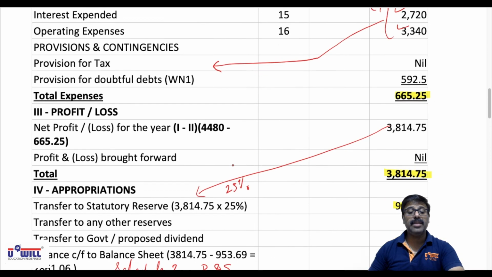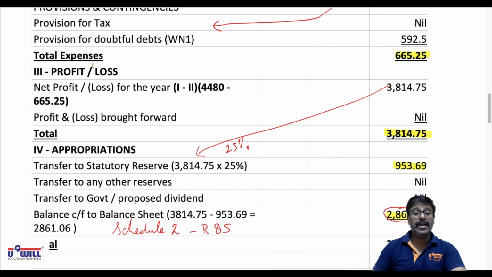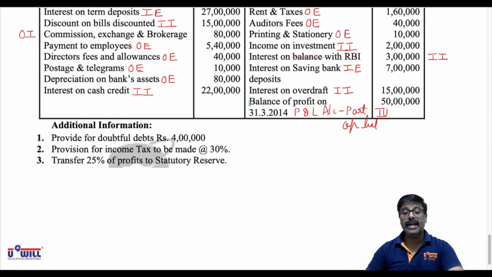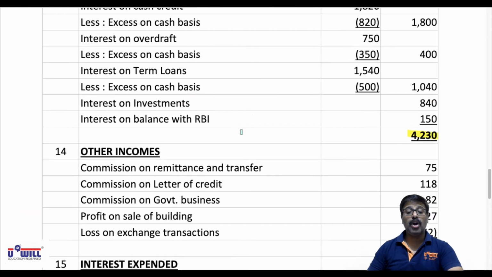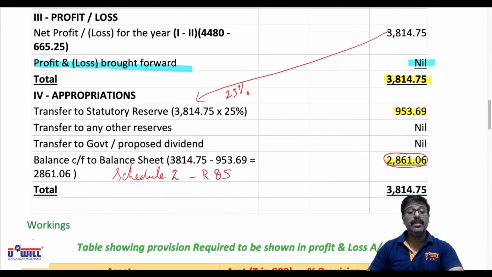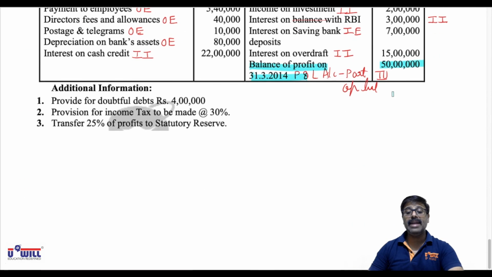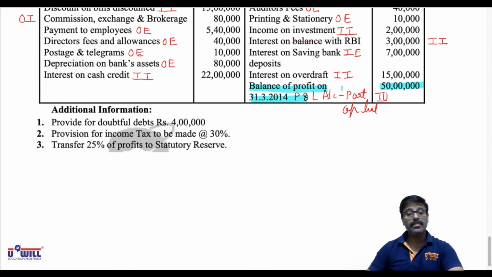In part 3, this amount what we had written as nil, profit and loss brought forward, that amount in this question would be taken as 50 lakhs. I repeat, in the format of the profit and loss statement, in the third part, profit or loss brought forward, which we had taken as nil in the previous question, over there you will be writing this 50 lakhs. I hope everyone is clear with that.